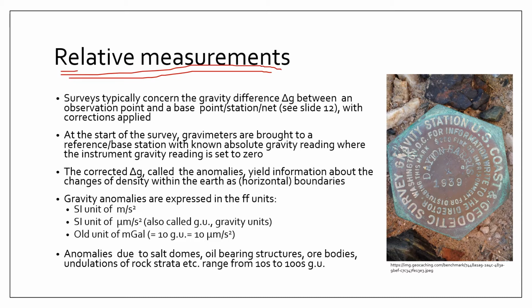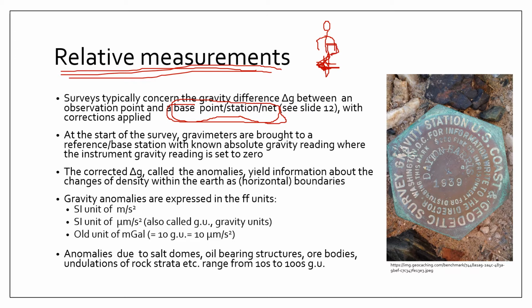Most of the time we are relying on relative measurements, and how we do this is we always use a base point, or base station, or base net, or whatever. Anything that's a base. So we always have a reference point. The star is our reference point, and then we go to that point and do some gravity survey.